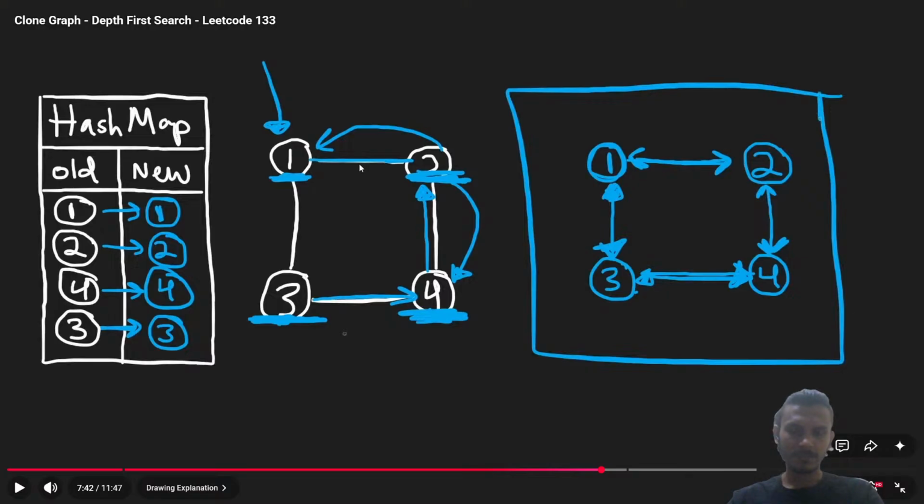We go to its neighbor. So it will be this one. We're doing DFS. So we have already visited, we mark it as visited. We have already created this one, so we have to go back to this one.